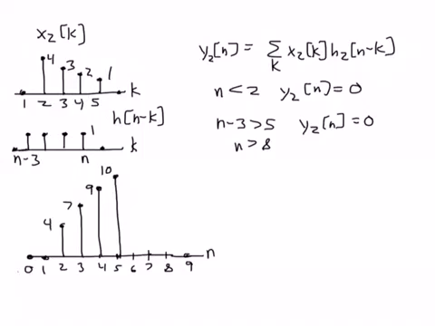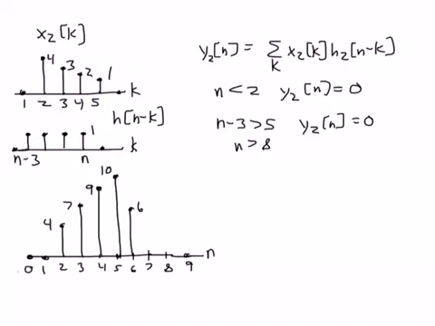At 6, now I'm going to shift over. Now this is going to be multiplying a 0, but I'll still have 1 times 1 plus 1 times 2 plus 1 times 3. So it'll be 1, 2, 3 added together. So that will be 6. As I move over to 7, now n is equal to 7, so I'm 2 over here. I've only got 2 non-zero point overlaps.